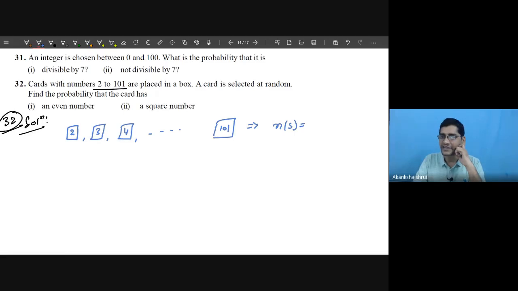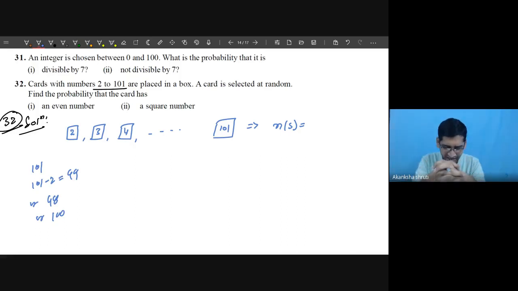Can anyone count and tell me? Whether it is 101 cards, or 101 minus 2, let me write 99, or 98, or 100 cards.